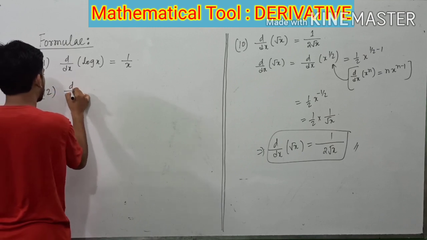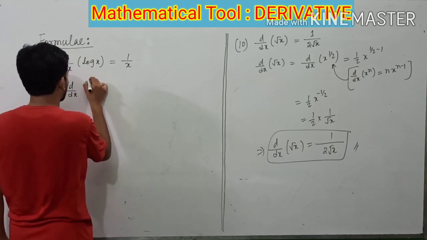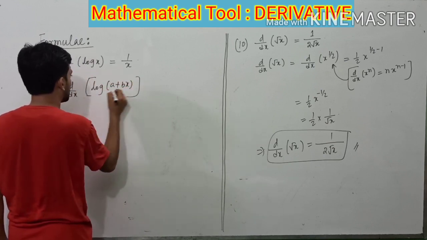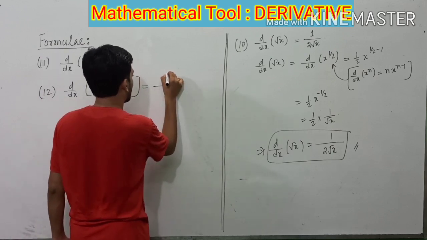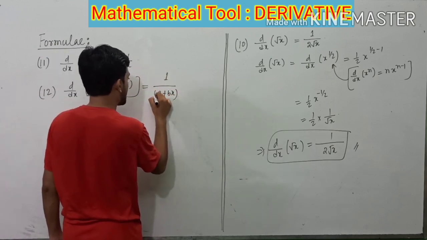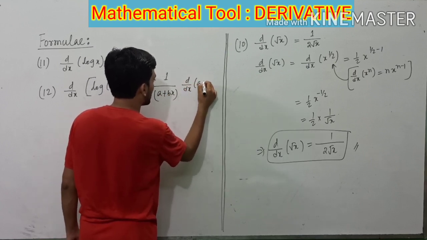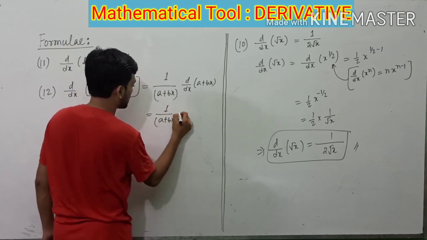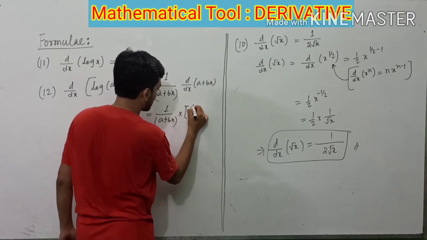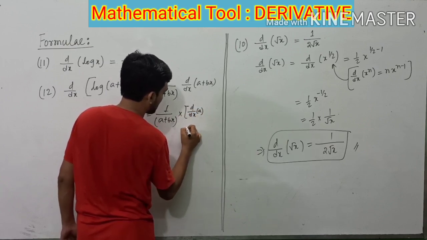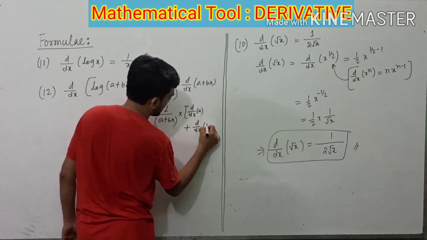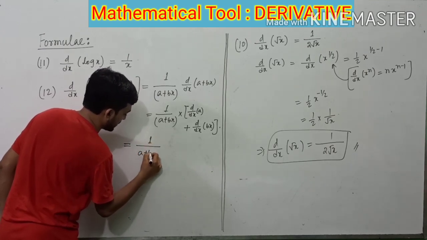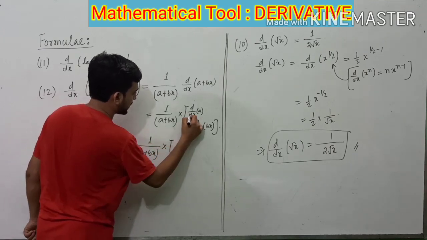Number 12, d/dx of log a plus bx, this will be 1 by a plus bx, d/dx of a plus bx, 1 by a plus bx multiplied by d/dx of a plus d/dx of bx is equal to 1 by a plus bx multiplied by d/dx of a is equal to 0.